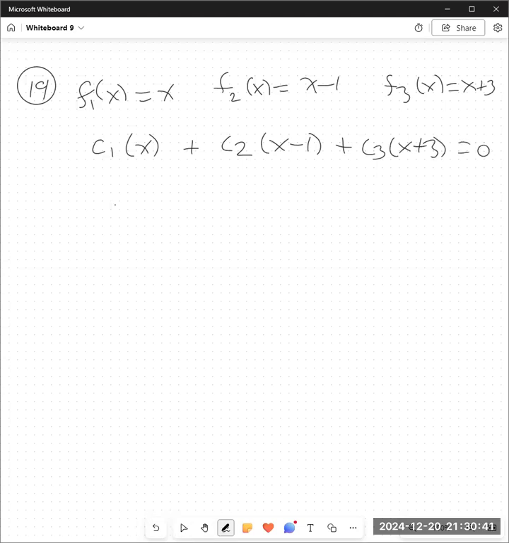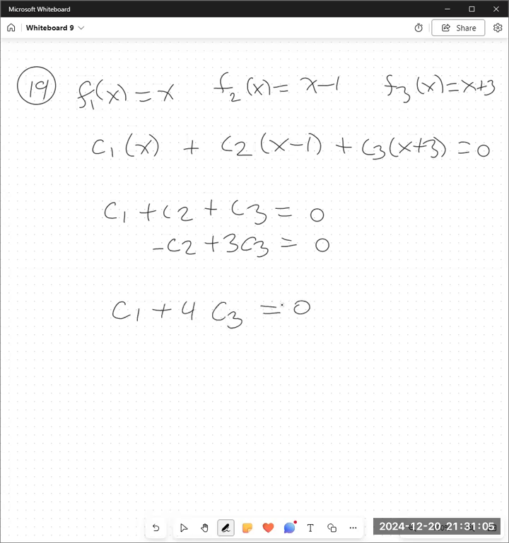That means that for my x's, C1 plus C2 plus C3 has to be equal to 0, and negative C2 plus 3 C3 has to be equal to 0. So that means that C1 plus 4 C3 has to be equal to 0, and that C1 has to be -4 C3.